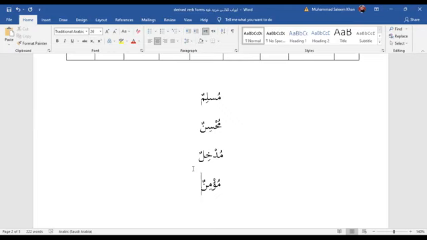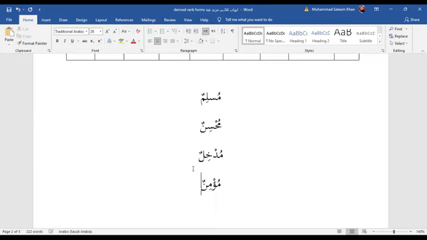Akhlasa, yukhlisu, ikhlasan, and Surah Al-Ikhlas, right? That means sincerity, to be sincere. Then we have arsala, yursilu, irsalan, and the one who sends is mursil. Similarly, ashraka, yushriku, ishrakan, to ascribe a partner, so the one who associates partners is mushrik.